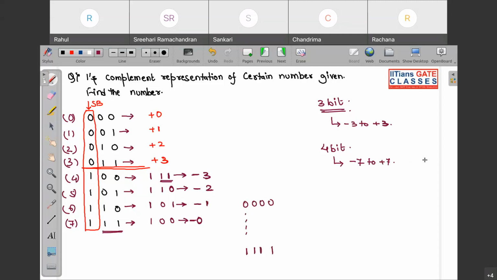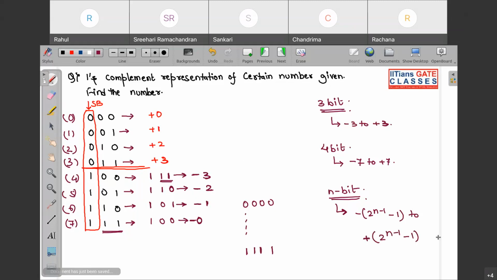Now if I want to generalize this to n bits, the range of numbers that I can represent using ones complement representation is -(2 to the power n minus 1 minus 1) to +(2 to the power n minus 1 minus 1).